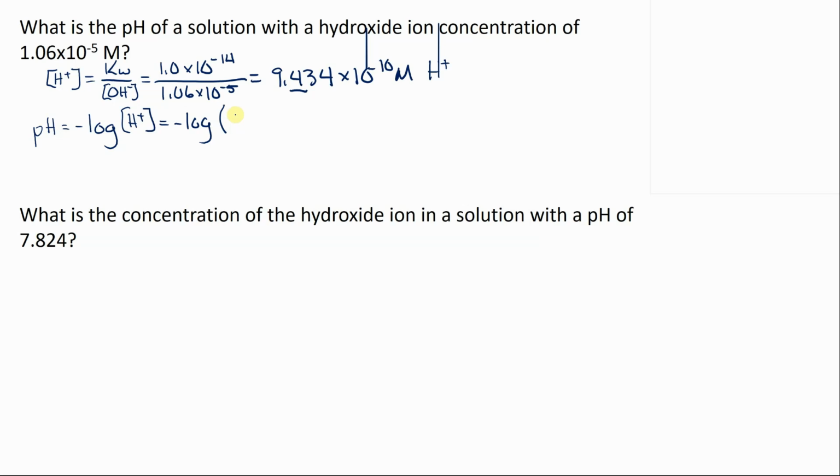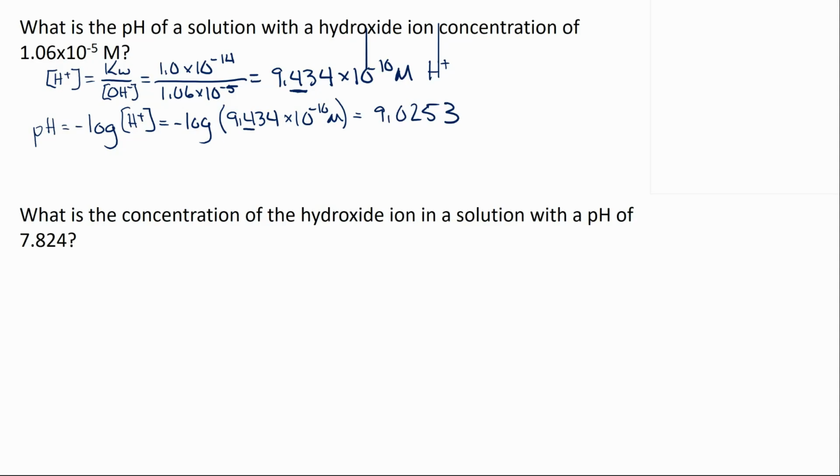But just pull that 9.434 out of memory in your calculator to avoid those rounding errors. And when I punch that number in, I'm going to get 9.0253. Now, even though I started with 3 significant figures, I don't want 3 digits after the decimal point here. When I did this Kw conversion, I lost a significant figure. And so my answer should go to 2 digits after the decimal point, or a pH of 9.03.